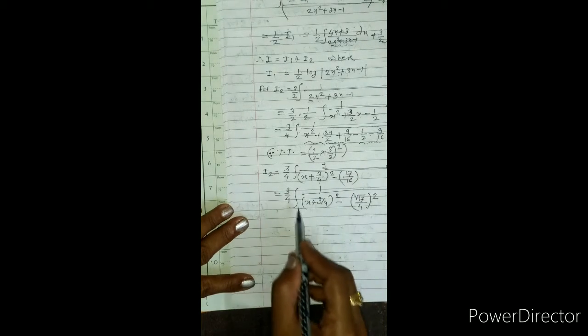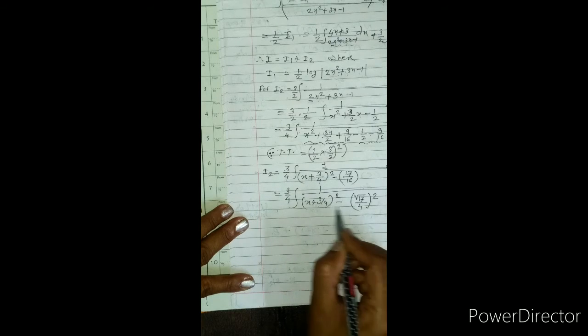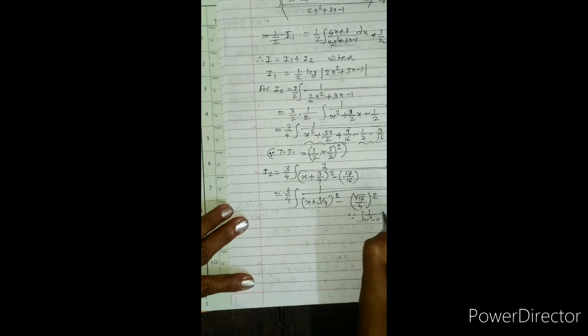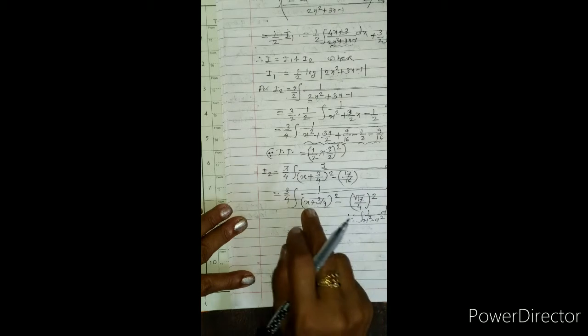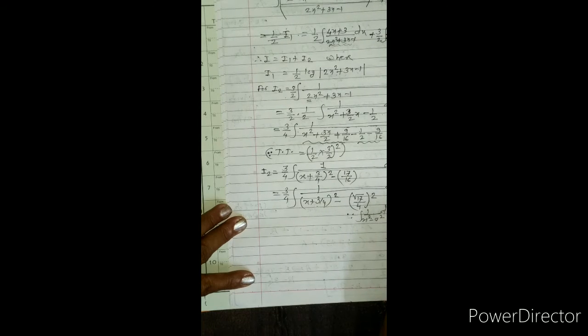Now the integrand is of the form 1 upon x square minus a square, and we can use the integral formula: the integral of 1 upon x square minus a square is 1 upon 2a log of the modulus of x minus a upon x plus a. For this we take the first linear factor x minus a and the second linear factor x plus a, and add the constant.